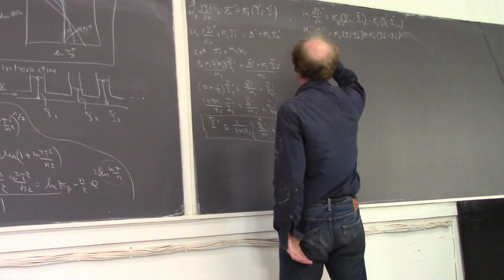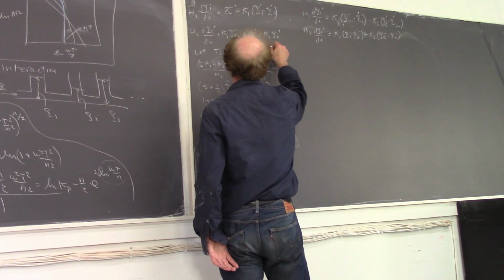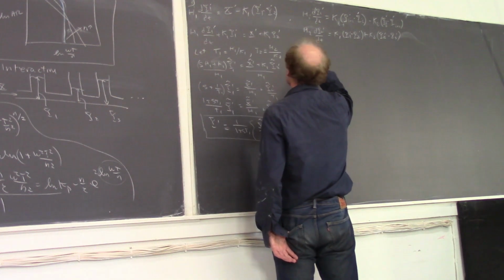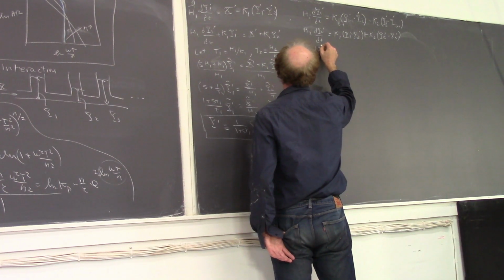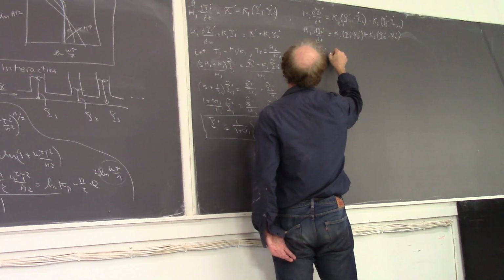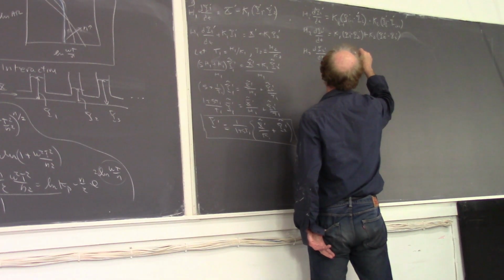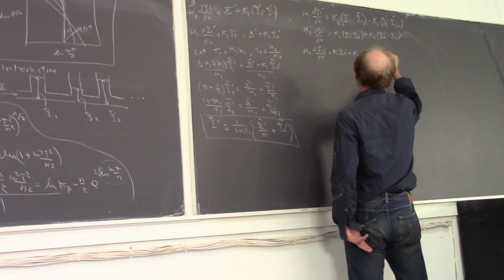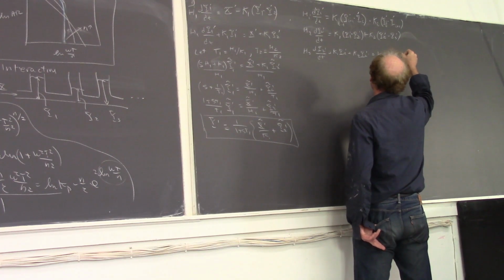So now I'm also going to let T2 be equal to H2 over K2. So here I have H2 dy2 prime/dt plus k1 y2 prime plus k2 y2 prime is equal to k1 y1 prime plus k2 y3 prime.